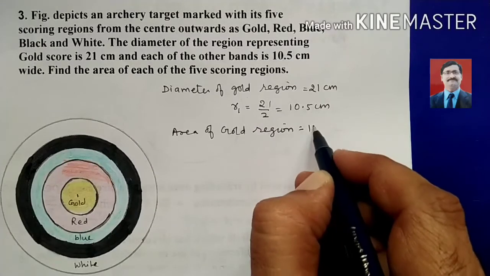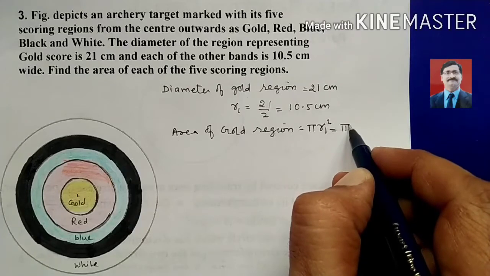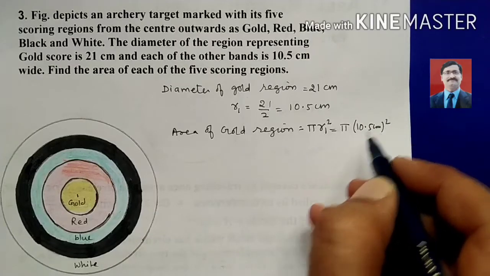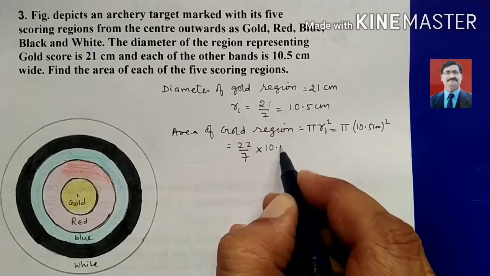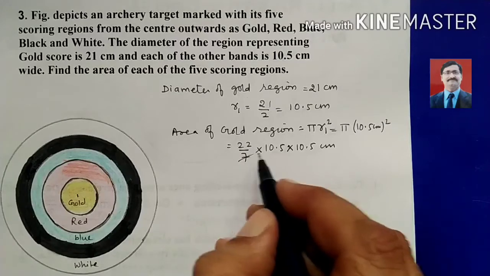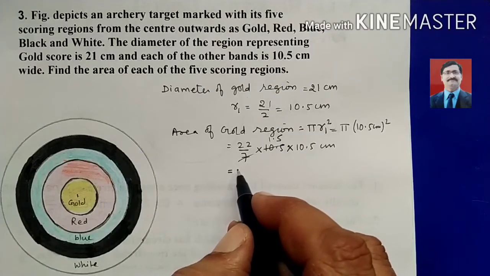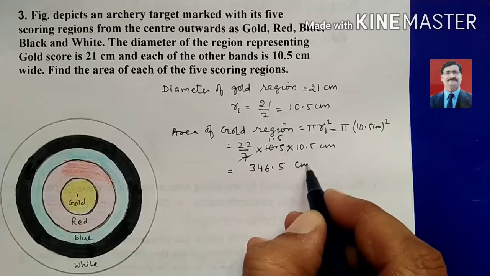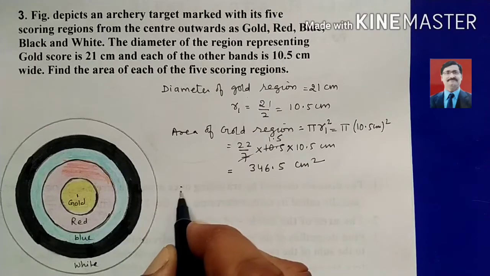This will be pi r1 square, which is pi times r1, where r1 is 10.5 centimeter square. So we can write pi is 22/7 into 10.5 into 10.5 centimeter. We can cancel these, 7 into 10.5 is 35 wait, we cancel and multiply, and we get 346.5 centimeter square.